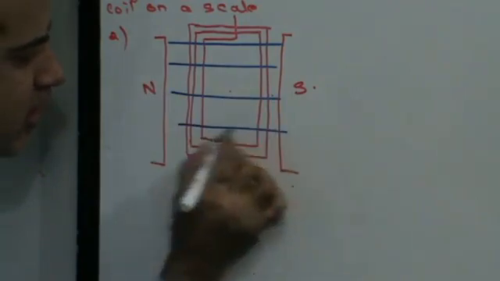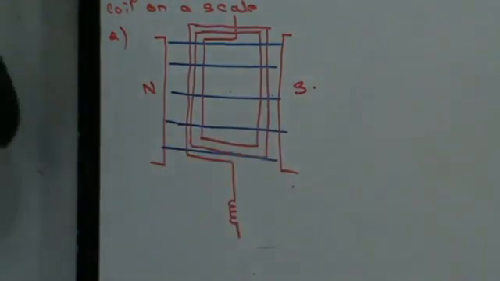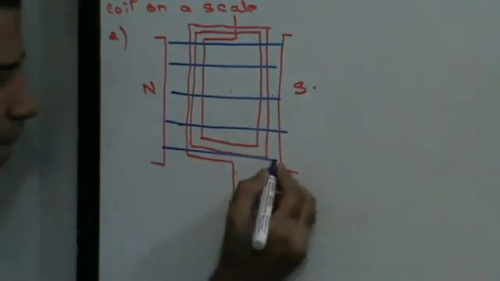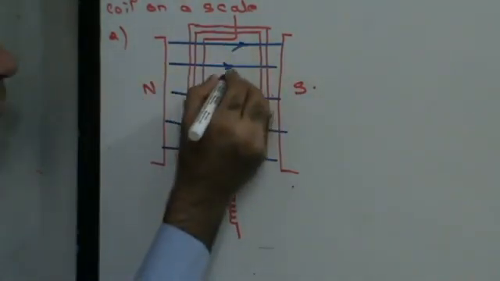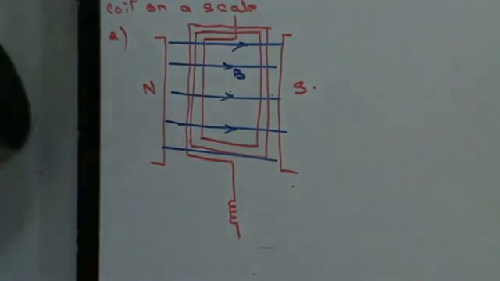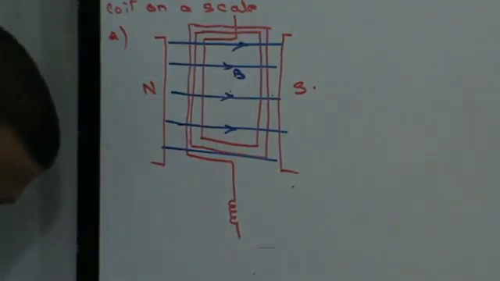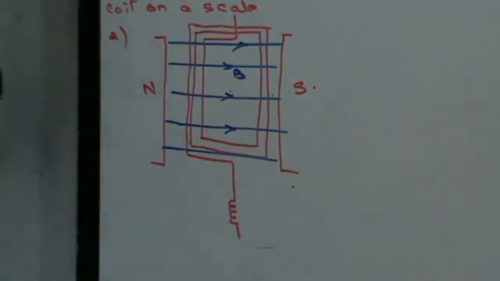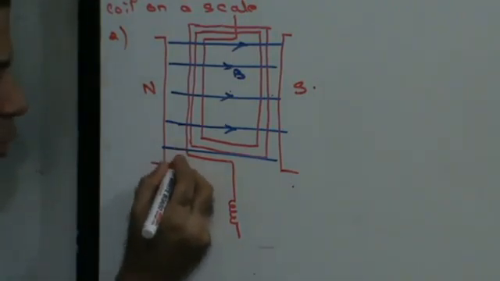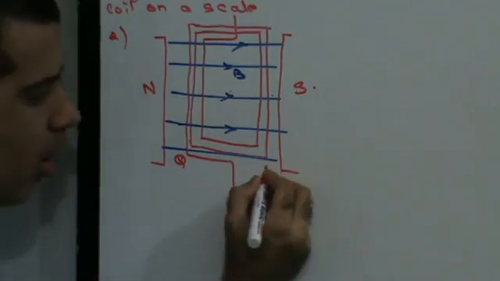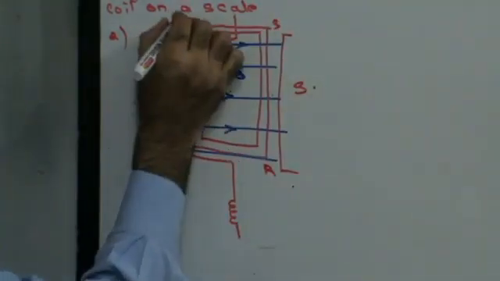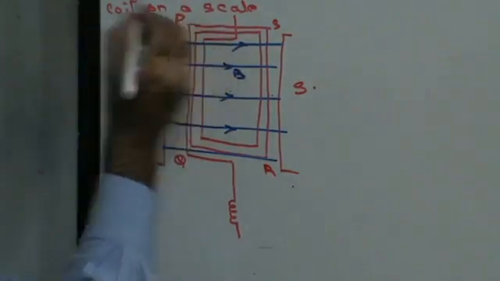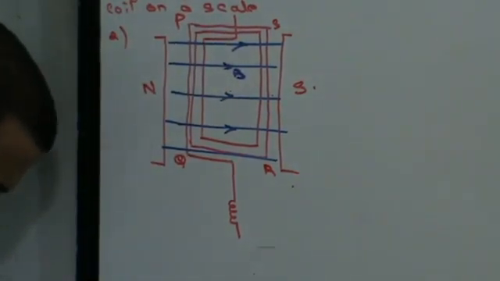This is your magnetic induction B. Now, let's see what forces are going to act on the coil and why it behaves the way it does. Let's consider the four vertices of the coil, P, Q, R and S.